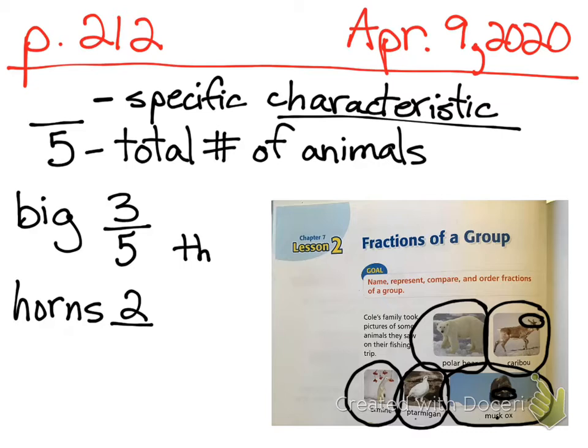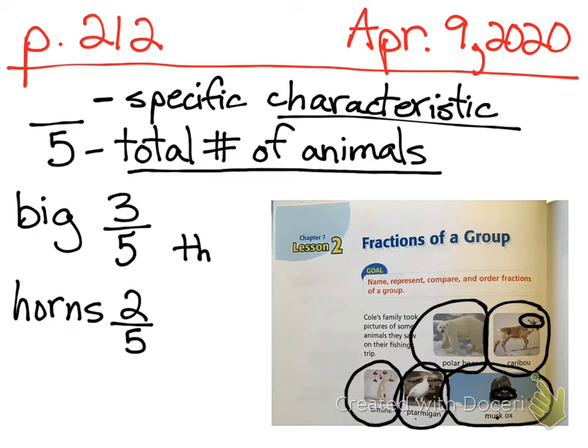What number goes on the bottom? Remember, the number that goes on the bottom is the total number of animals. Pause the video and write the number that goes on the bottom. All right, the total number of animals is 5. So whenever we are looking at a group of 5, the 5 should always be on the bottom.